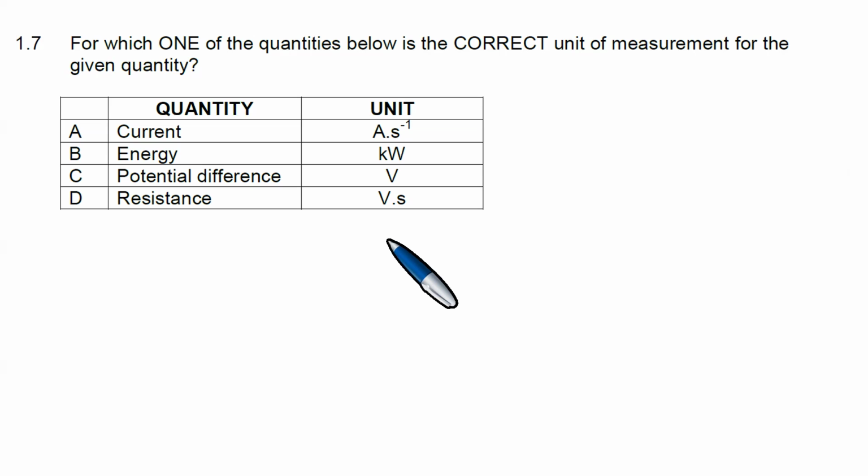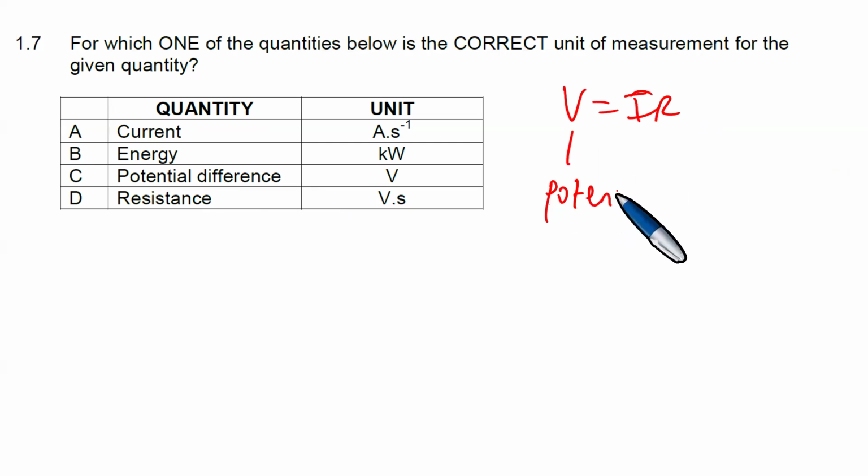Okay, 1.7. All right, so the correct answer in 1.7 is that potential difference. Like if you know that V is equal to IR. So this is called potential difference. And so the potential difference in 1.7 is measured in what?